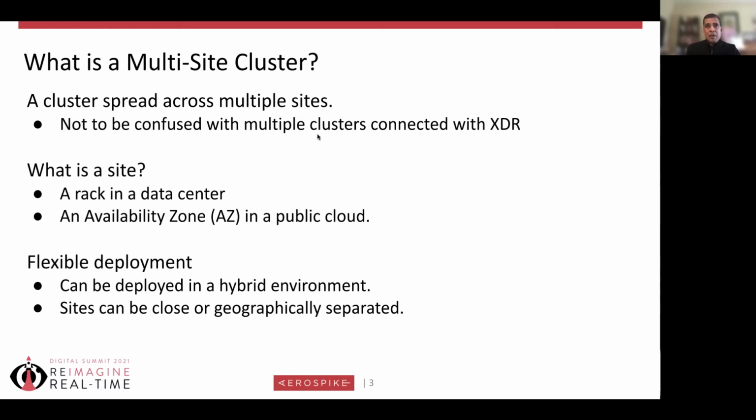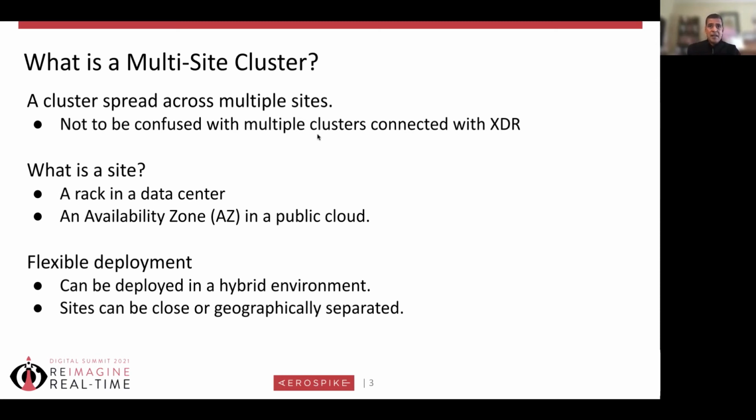Or you can have sites in multiple availability zones in the same region or multiple regions in a public cloud. Or even you can have a combination of private cloud and public cloud sites, etc. So it gives you a lot of flexibility in deployment of a multi-site cluster.